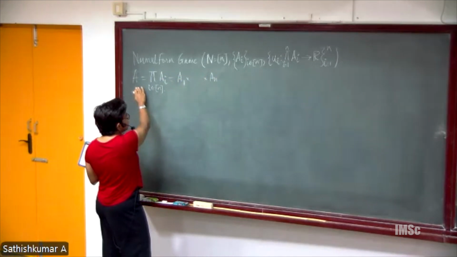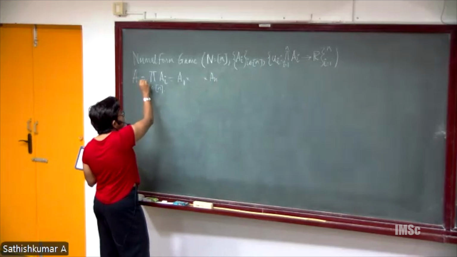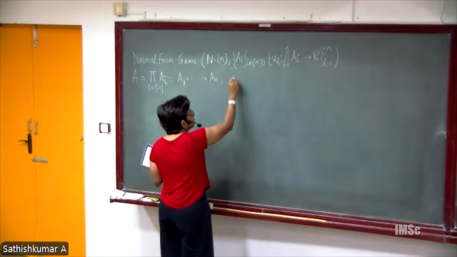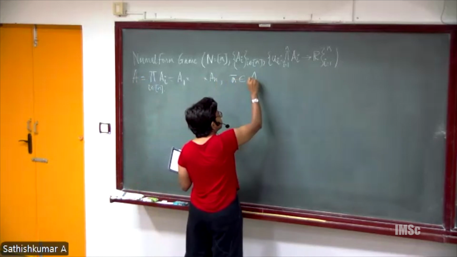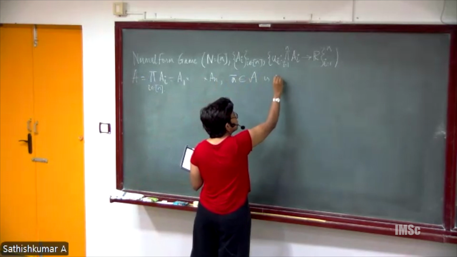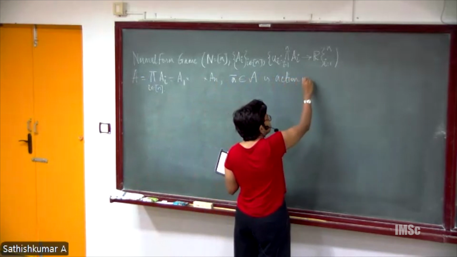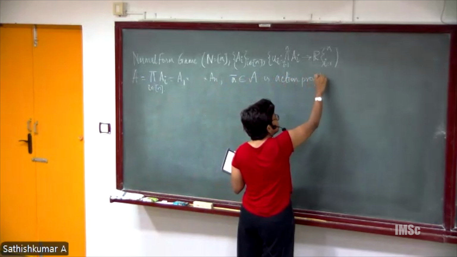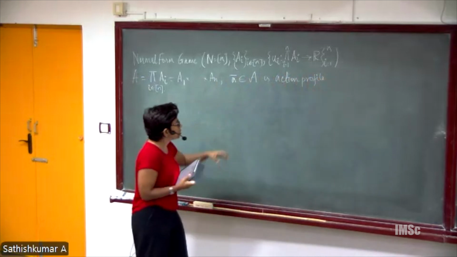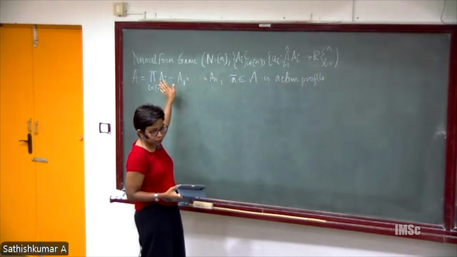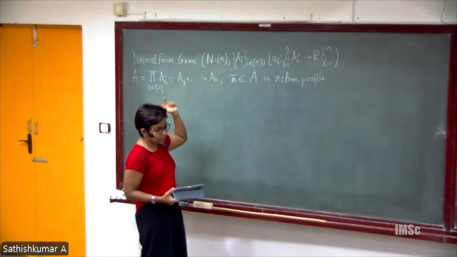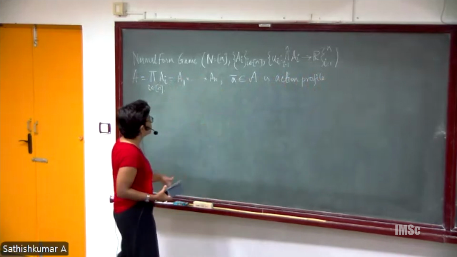We call every element an action profile. It's basically a vector of actions, where each coordinate represents the action of that individual player.